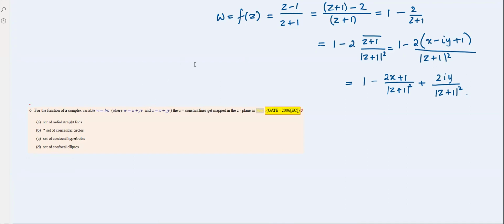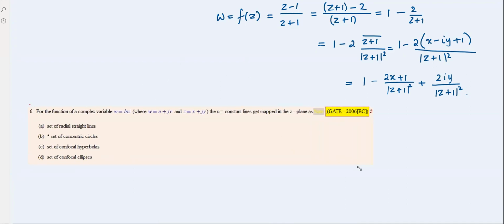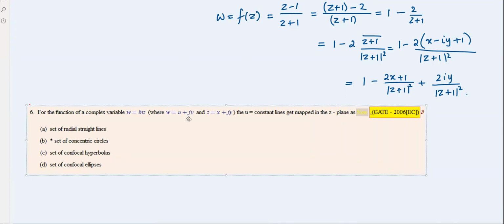All right, the next question. A function of a complex variable W is log Z, where Z is equal to X plus iY. And we know what log Z means.